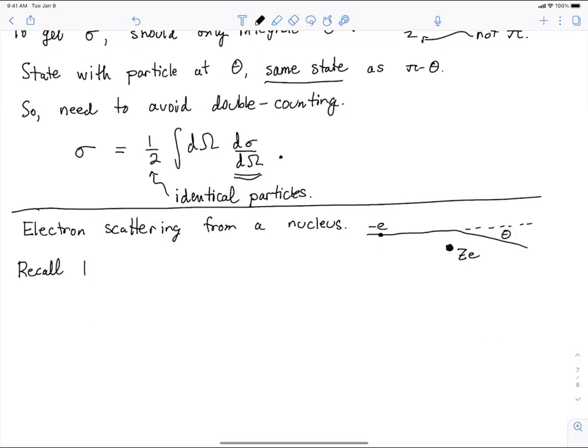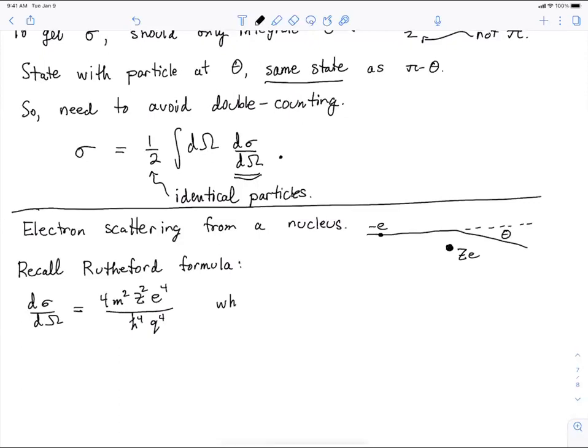And so recall the Rutherford formula for scattering from a Coulomb potential. And that looked something like this. d sigma by d omega is 4m squared Z squared e to the 4th over h bar to the 4th q to the 4th.